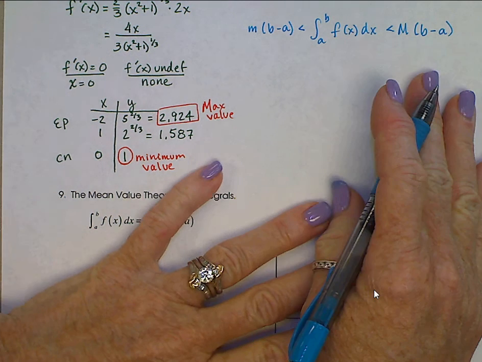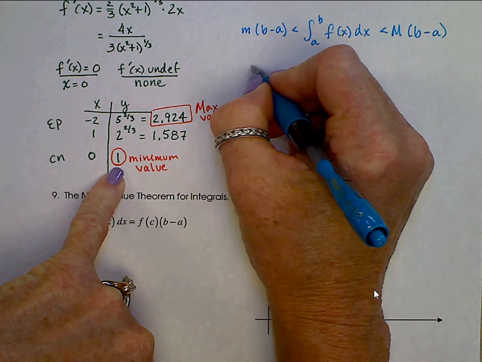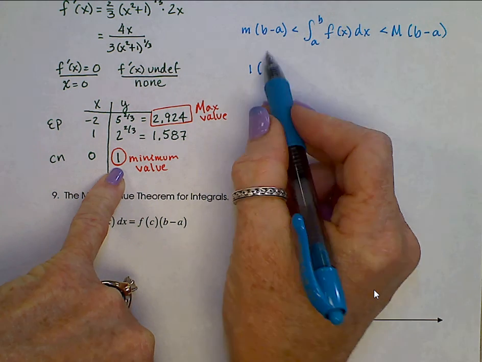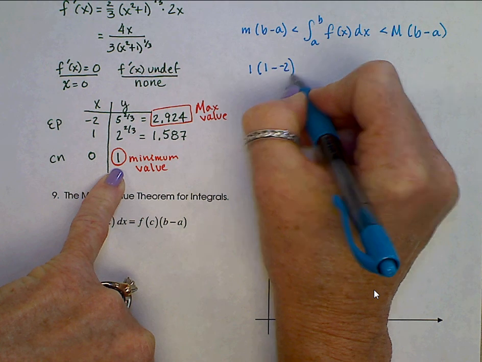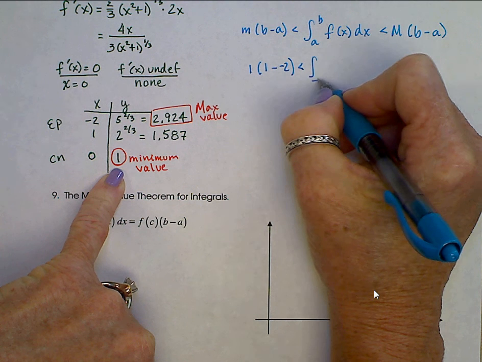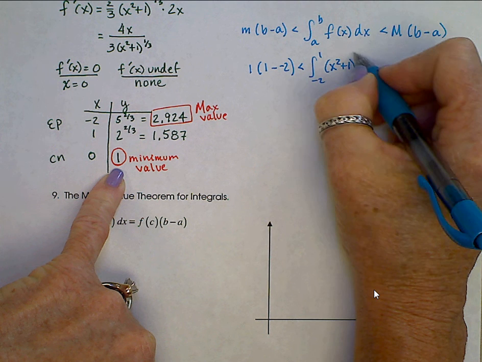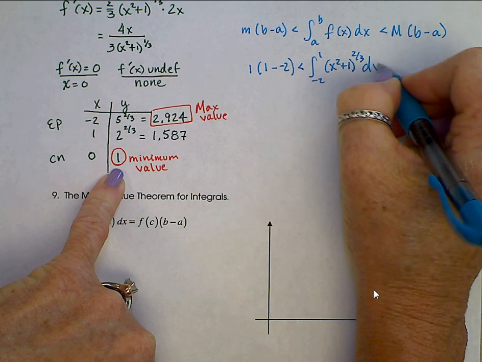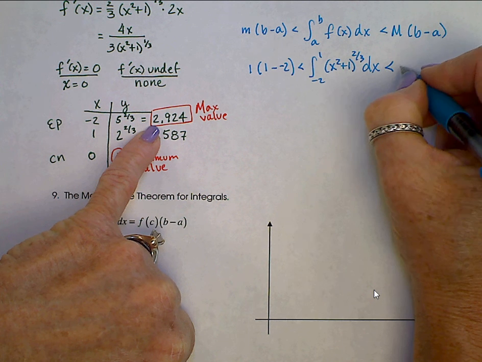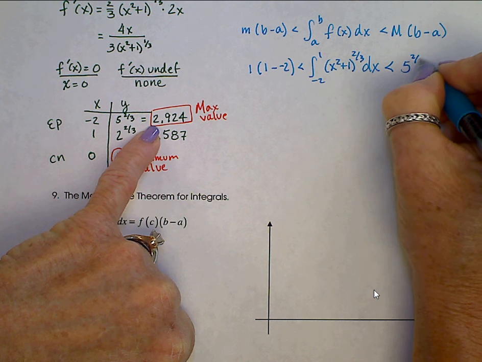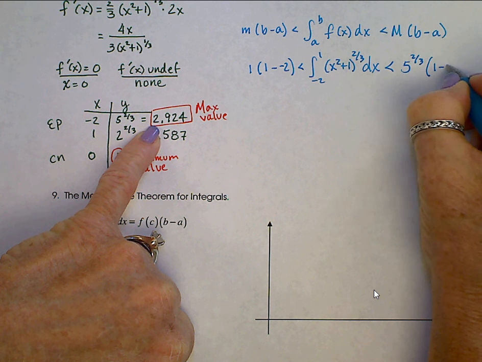And substituting in the numbers as appropriate for this problem, little m is 1 times (b minus a), that's the length of this interval, 1 minus a negative 2, less than this integral from negative 2 to 1 of (x squared plus 1) to the 2/3 dx, which is less than big M, that's the maximum value. I'm going to write that as 5 to the 2/3 times (b minus a), still 1 minus a negative 2.